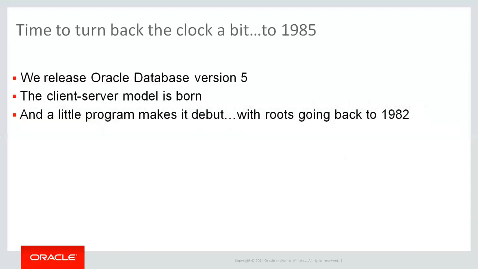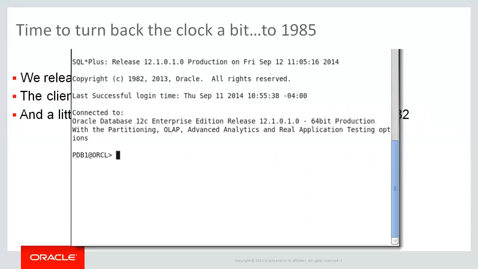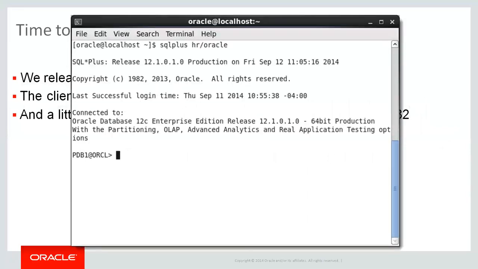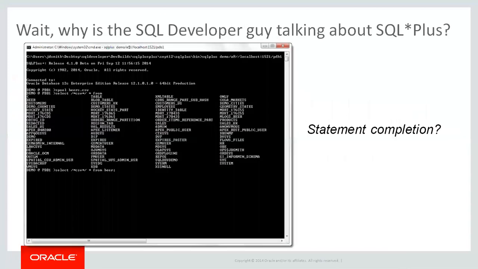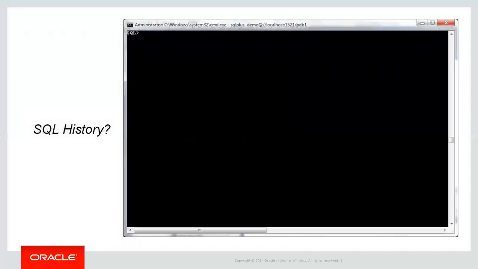So I know all of you are SQL Developer users, but you may know friends and family that prefer the command line, which is SQL*Plus. And we thought, wouldn't it be cool to take the things that people like about the graphical user interface and the things that people like about SQL*Plus and marry them together, which is what we've done. So things like table name or column name completion are going to be supported here.